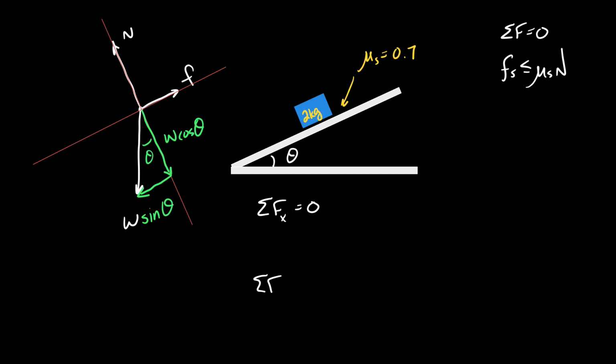And net force in the y direction, I'm going to set that equal to 0. So this part of the problem still works out the same way. I'm still going to have W sine theta minus friction equals 0. And W cosine theta and normal force equals 0. And all of that's still the same.